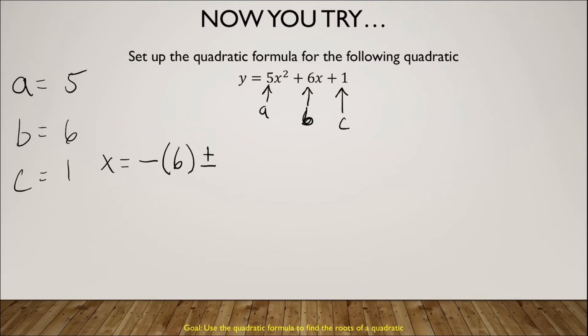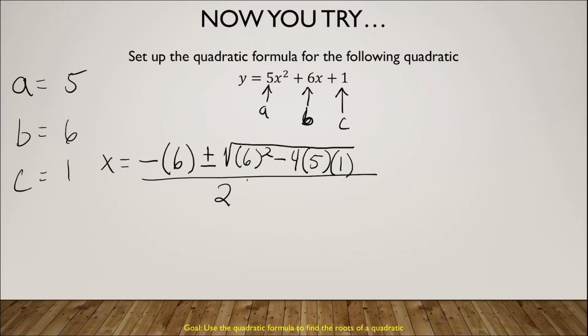So x equals -6 plus or minus the square root of b squared, so 6 squared, minus 4 times my a value, which is 5, times my c value, which is 1, all divided by 2 times a, which is 5. There's my setup. Not too crazy complicated. We're just plugging stuff into the equation.